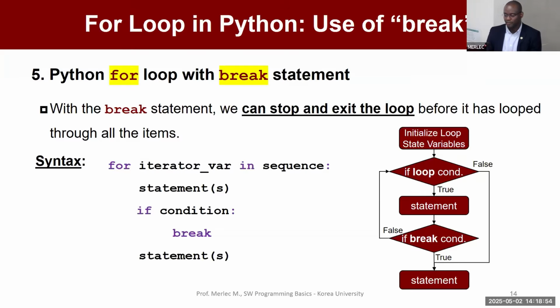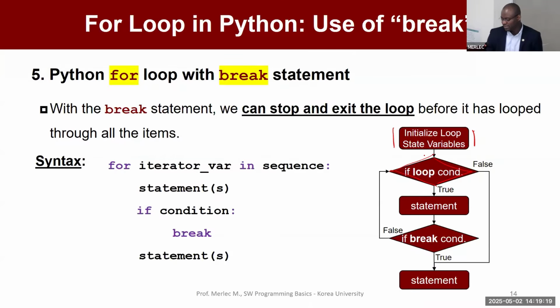So in terms of flowchart, we have all the time to start with the initialization of the state variables that will be used to control the loop. And then we need to set the condition for us to enter the loop. If the condition is not satisfied, we will never enter the loop.